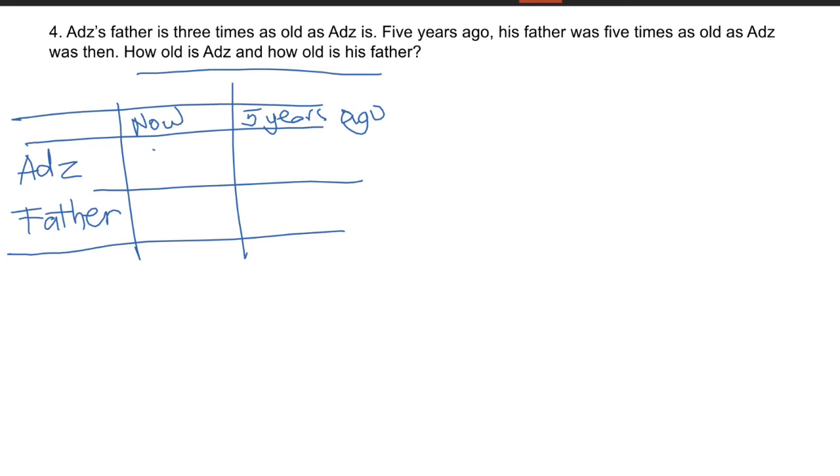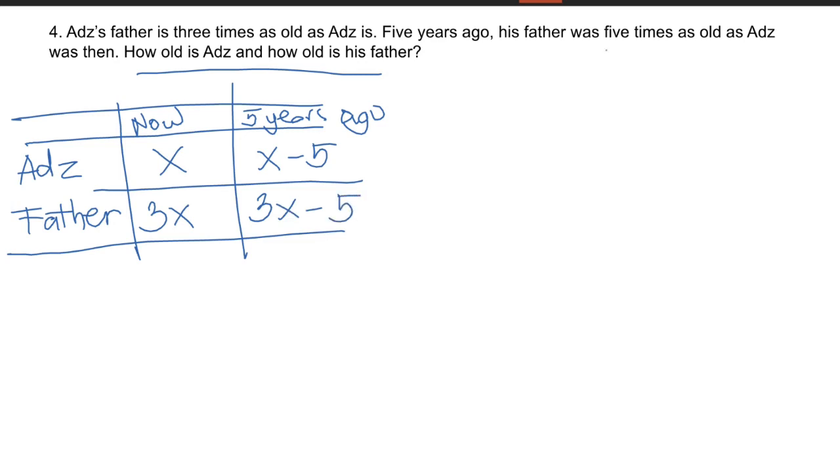So since we have here Ads' father is 3 times as old as Ads is, let's consider Ads' age as x, and we have 3x for Ads' father. And then 5 years ago, we will subtract 5 from both ages, 3x minus 5.